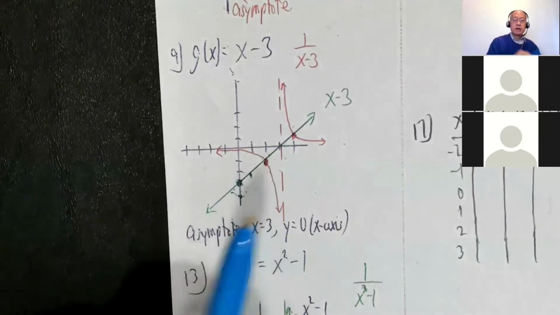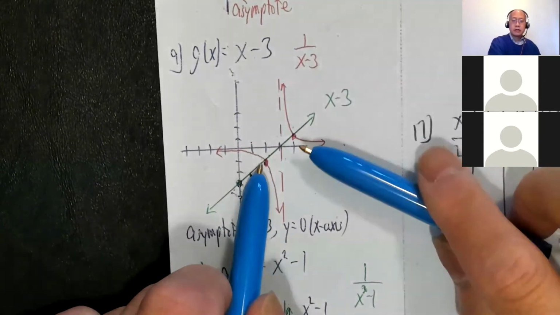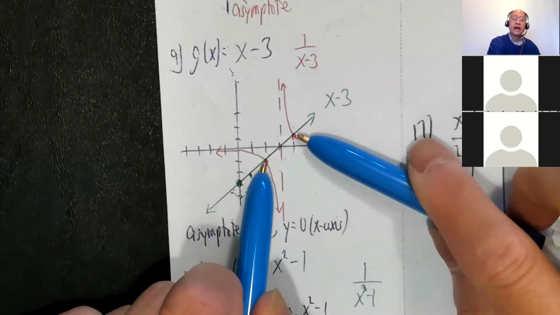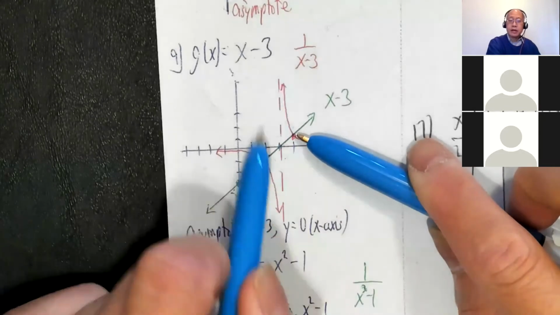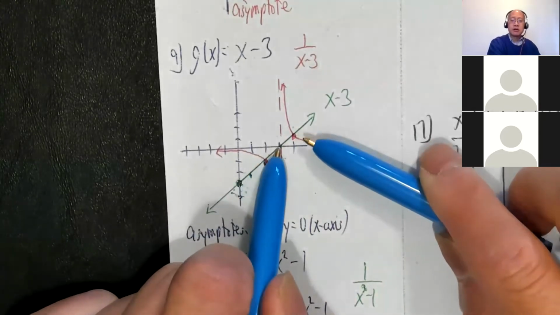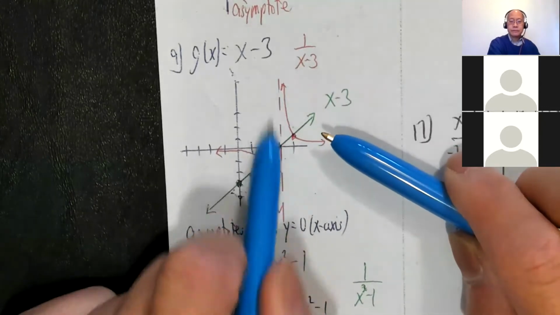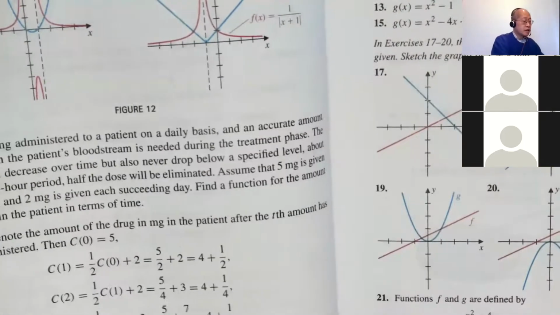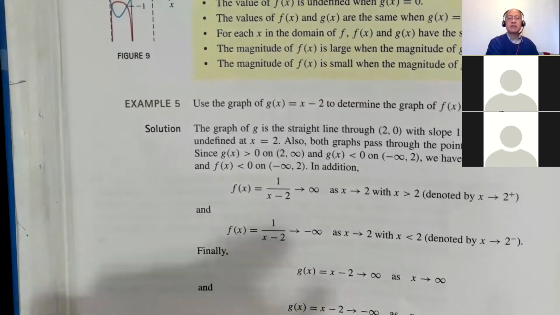So the first fundamental part is the two graphs match here. How come? Because the y values are 1 and -1. We're doing reciprocal, right? So the reciprocal of 1 is 1. The reciprocal of -1 is -1. The reciprocal of 0 is undefined. And after that, I just simply play the game of one increases, the other decreases.